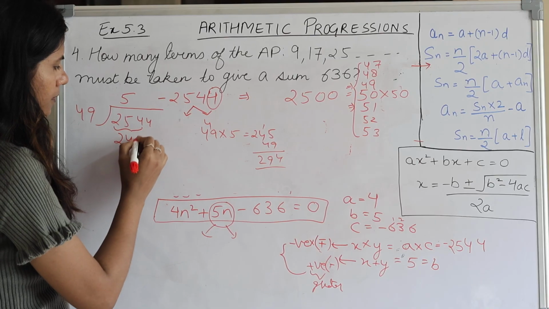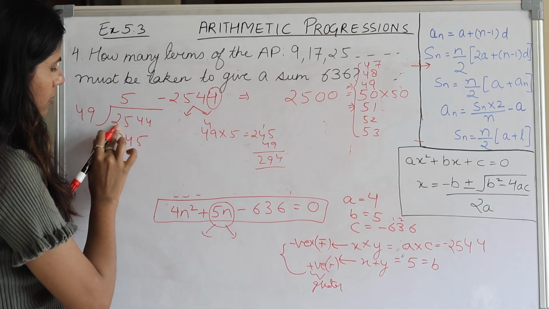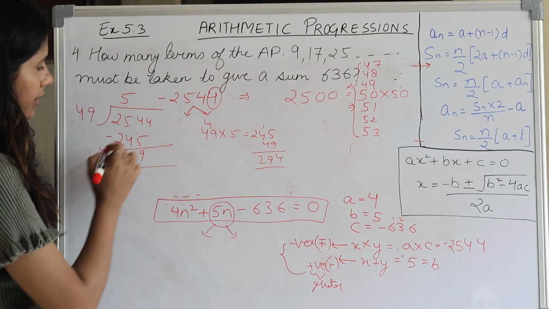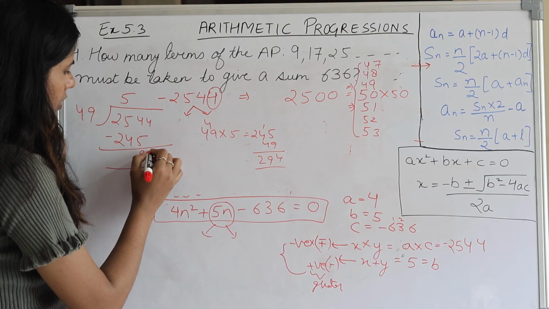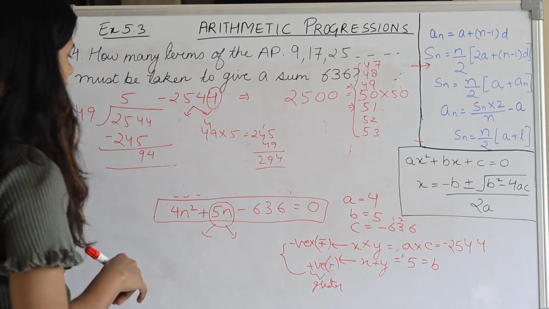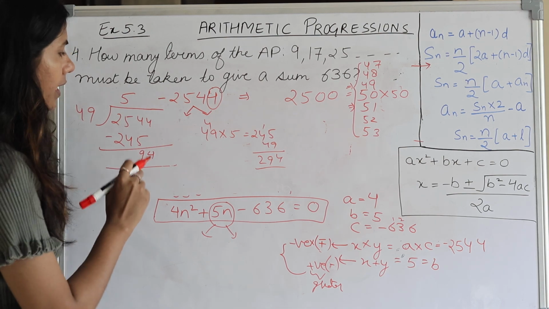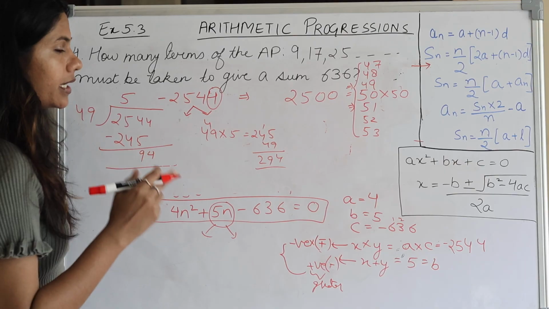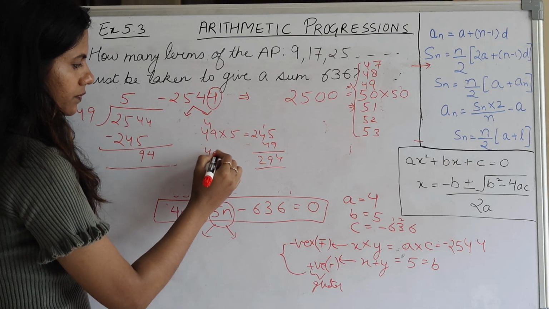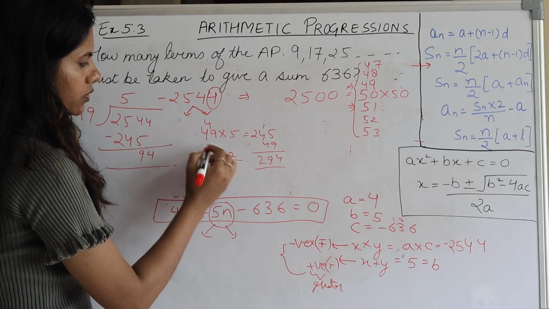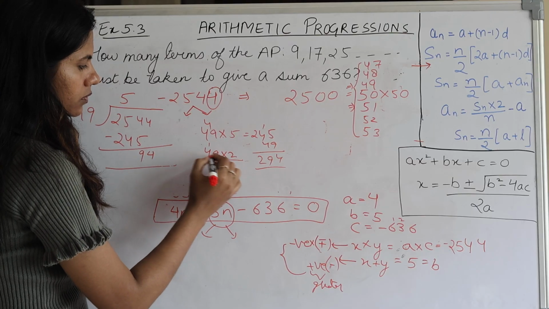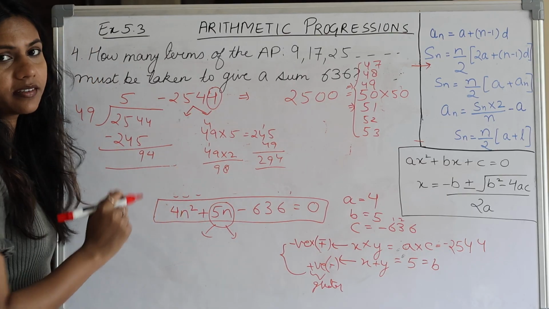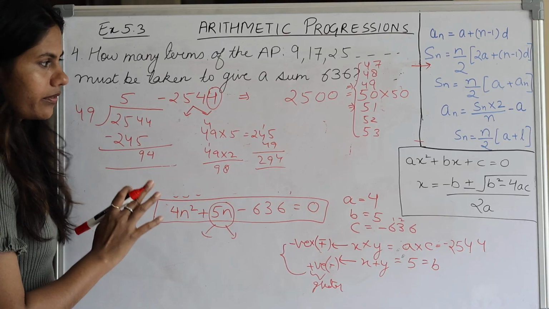Then 49 into 1 is 49, 49 into 2 we will do. What we got is 98, which is greater than this. It means this is also not divisible.